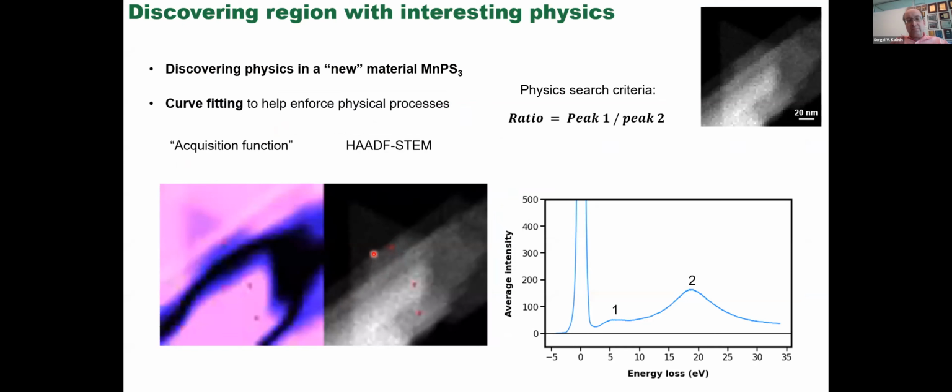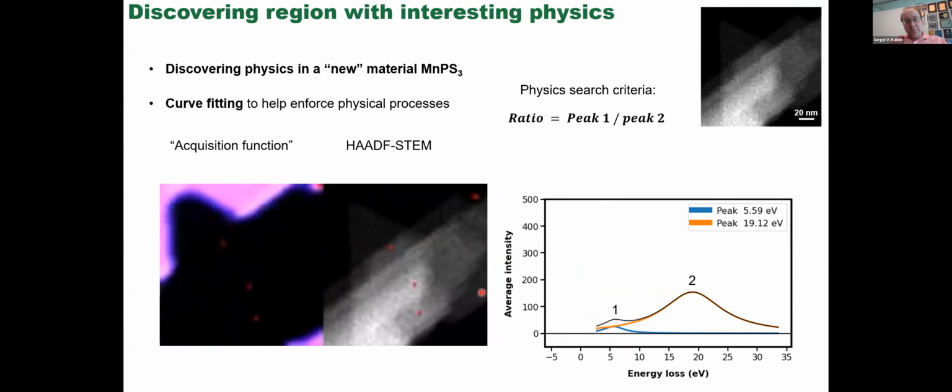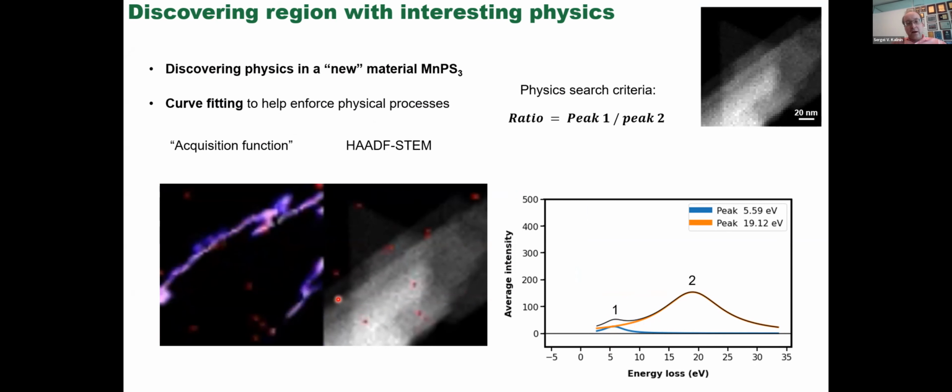So we look at a plate of layered material. We tell our machine learning algorithm that we want to find the regions in the material that have the largest ratio of the edge plasmon to the bulk plasmon. And lo and behold, you can see how the microscope finds the regions where this ratio is maximized.